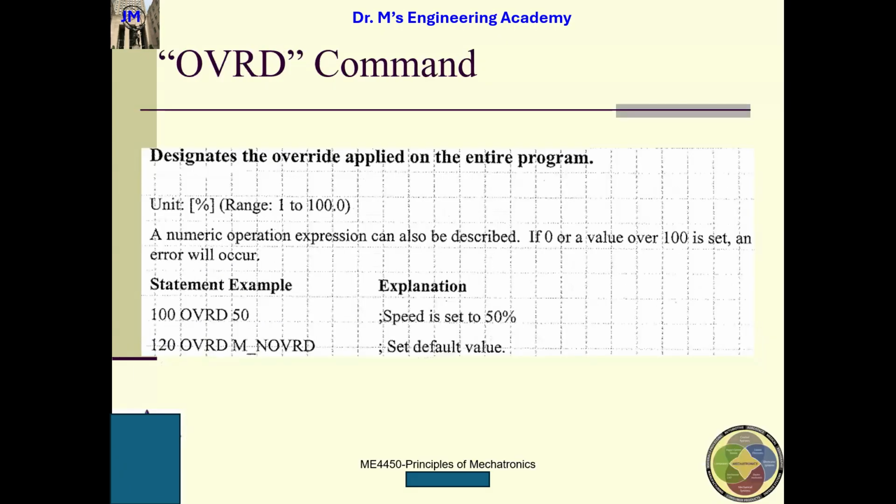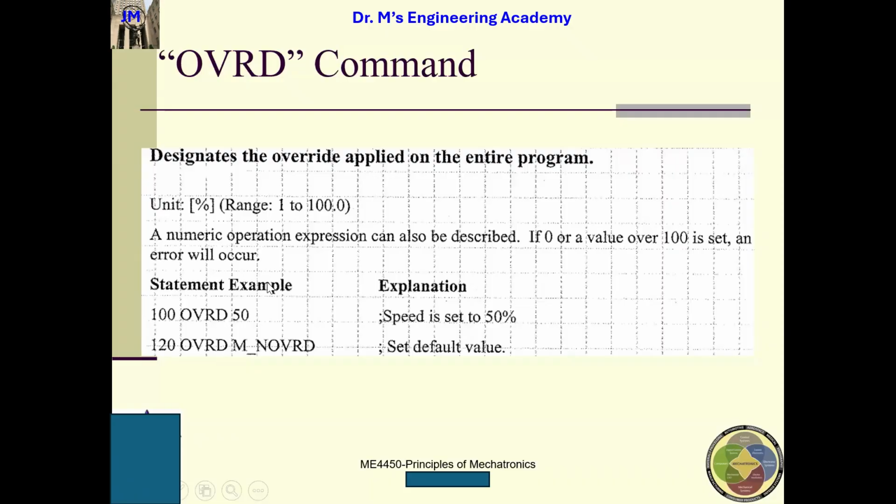OVRD, as I said, we use this to set the speed. The full speed is 100%, so this is the percentage, the ratio. 50 means 50%, 100 means 100%, and 100% means full speed.